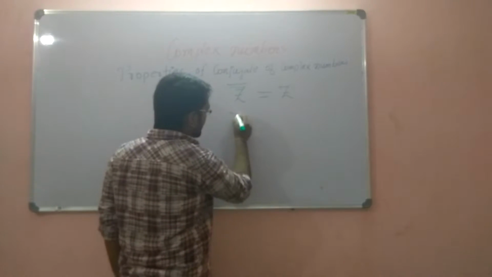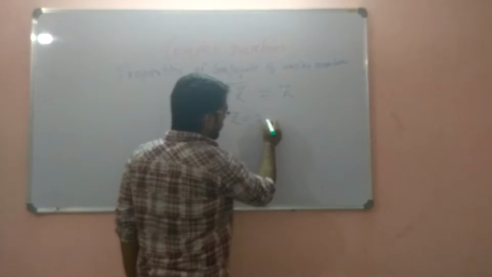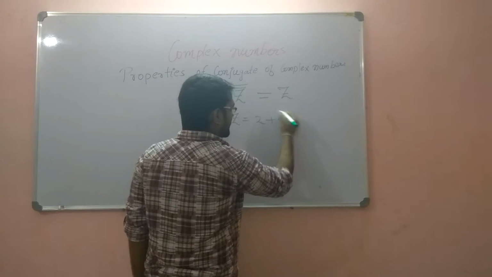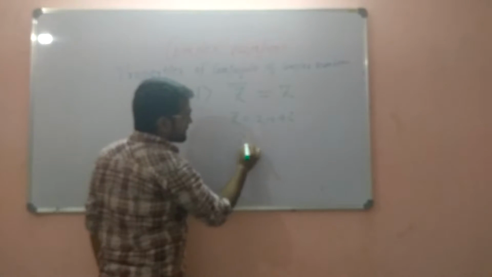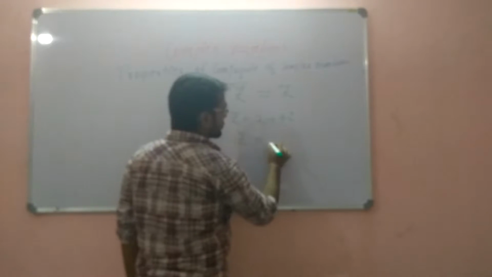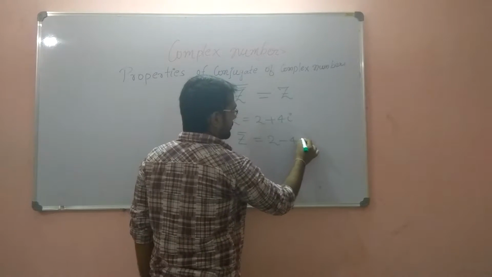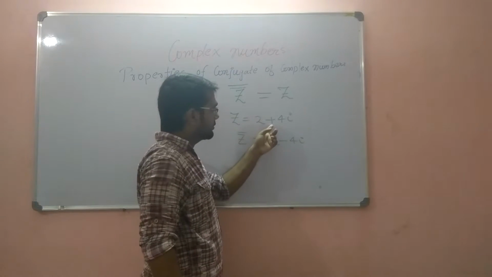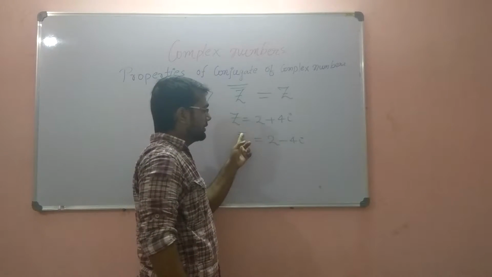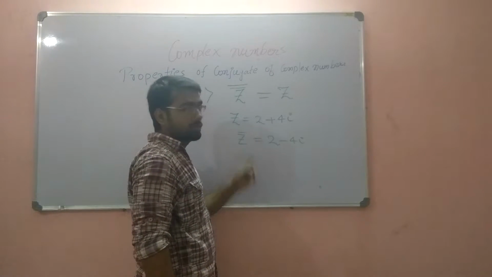For example, if you take z equals 2 plus 4 iota, right? Then z bar would be equal to 2 minus 4 iota, right? We talked about this earlier. We just change the sign when we write the conjugate, right?